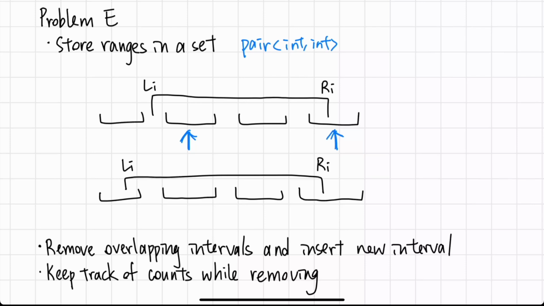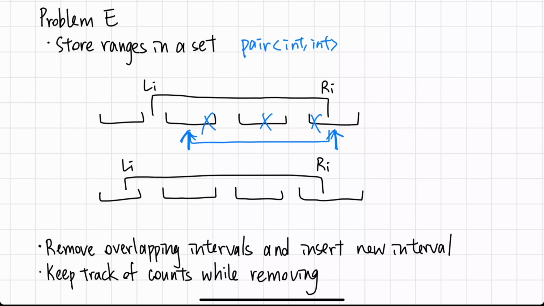And afterwards, we can loop through the ranges from here to here, and then we can erase all these intervals. When we erase these intervals, we also need to make sure that we're updating the value that keeps track of how many black cells there are.